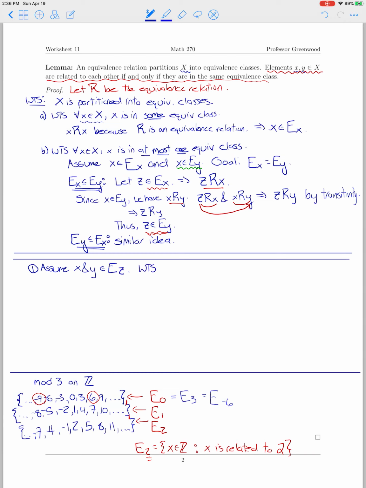And then I want to show that x is related to y. And then just to have the rest of the proof structure down, the other thing I need to show is that if x and y are related to each other, so in other words, I'm going to assume that x is related to y, and then I'm going to want to show that x and y are both in the same equivalence class.